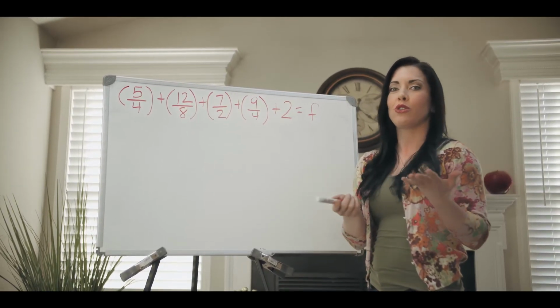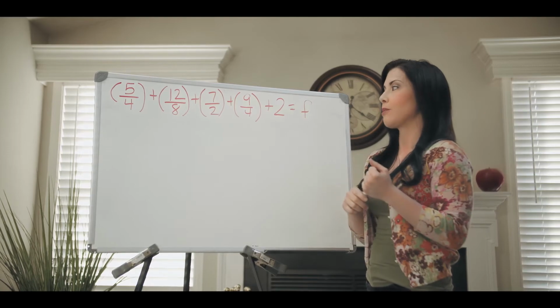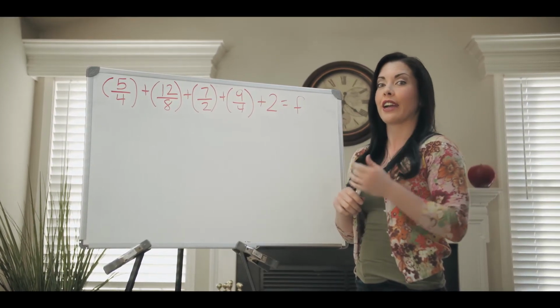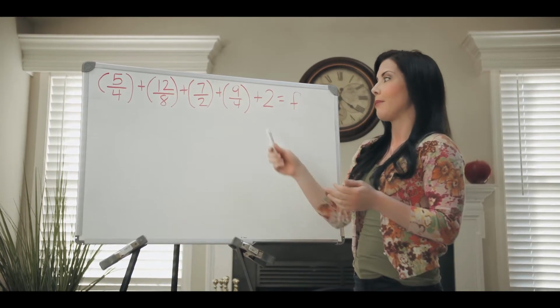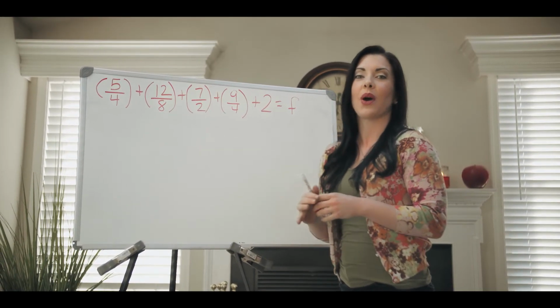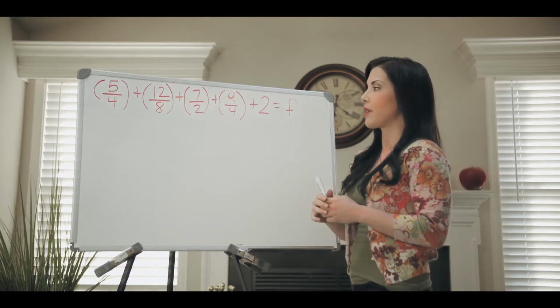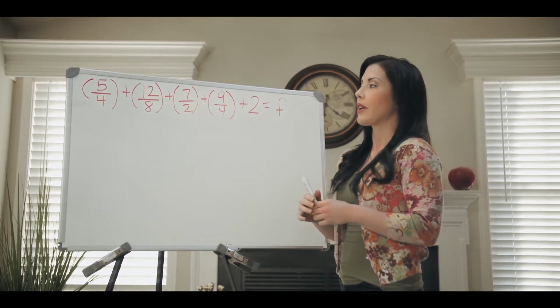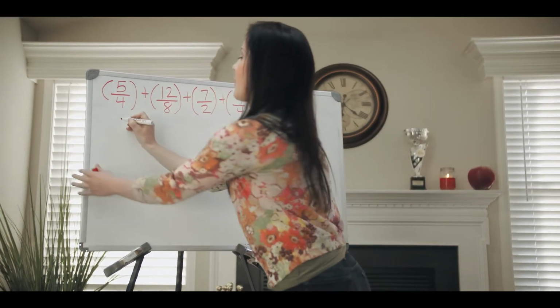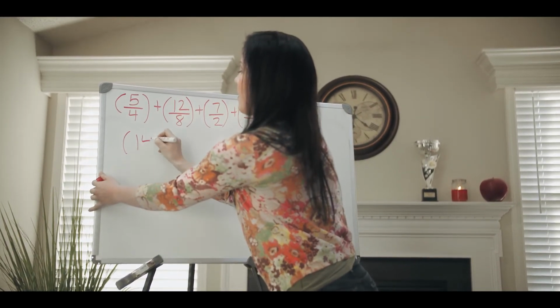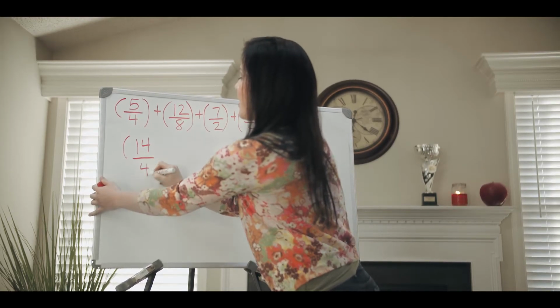As before, I told you to remember to combine like terms. So we have 2 fractions that we can start off with that have the same denominator. Yep, I'm looking at 4, right? So I can go ahead and add 5/4 plus 9/4. Okay, so 5 plus 9 is 14 over 4.